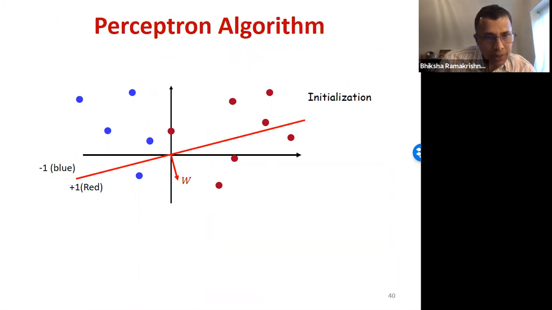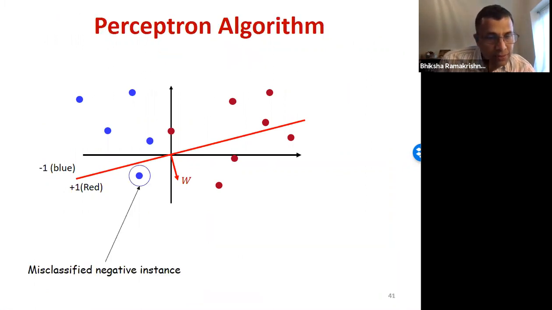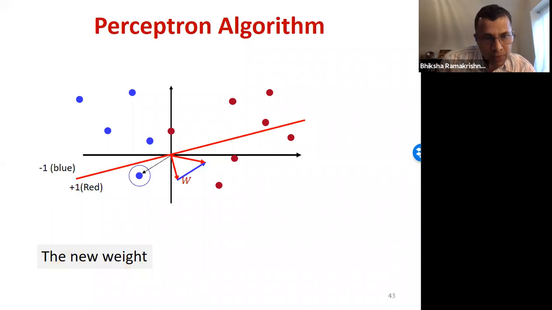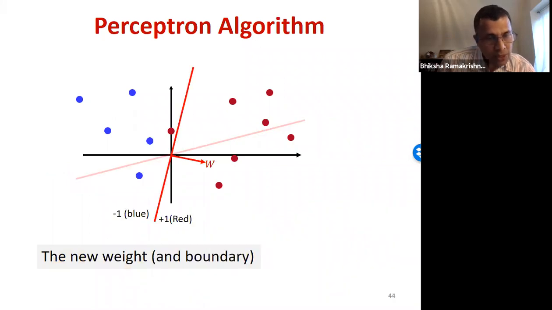I find this negative instance is misclassified, so I'm going to push the weights vector to point directly opposite, away from the negative instance. I subtract that negative instance from W, which gives me this new weights vector and a new decision boundary, and voila, that negative instance got properly classified.